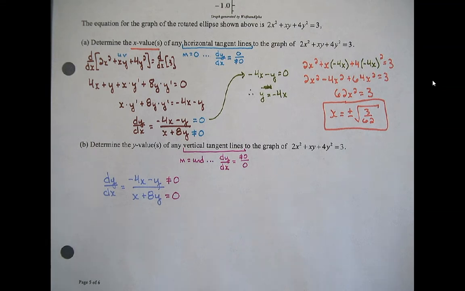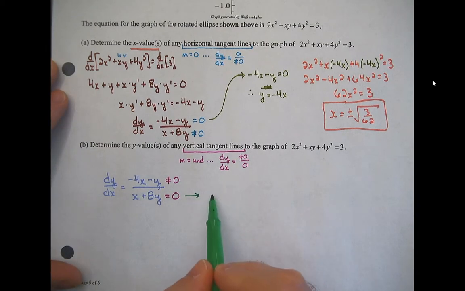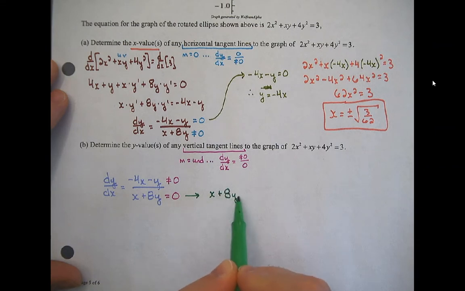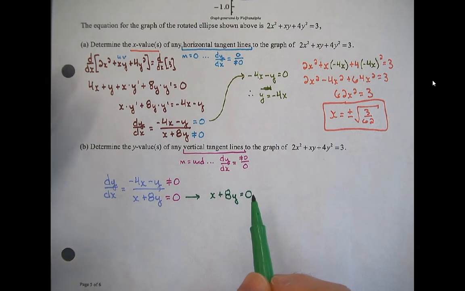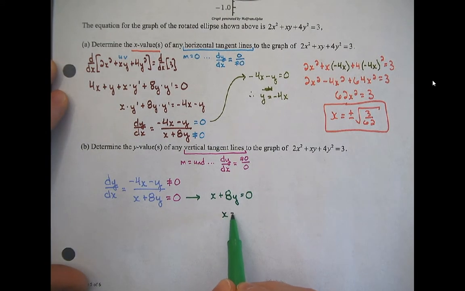So we would get x plus 8y equals 0. This time I'm going to solve for x. So x equals negative 8y.